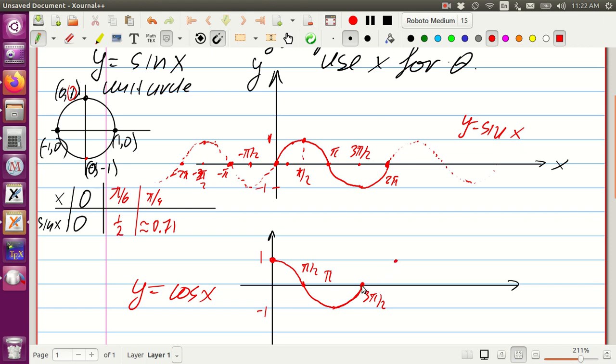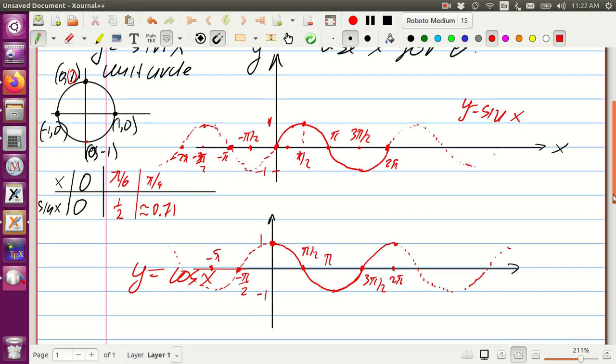And by 2 pi, we're coming back to 1. So it keeps going like this, right? By here, it's negative pi over 2, negative pi, and keeps going this way. And so this is the graph of cosine.